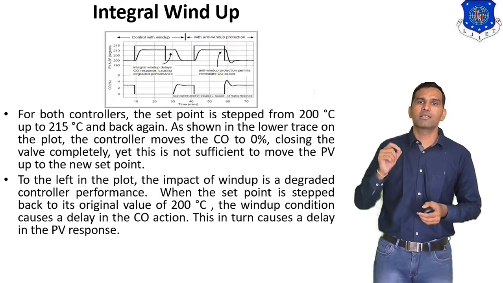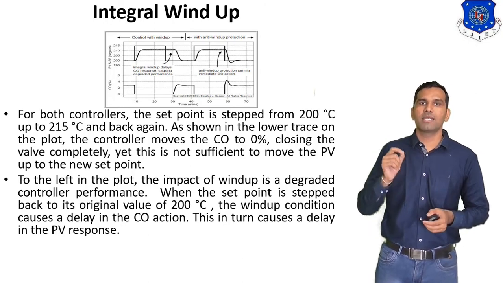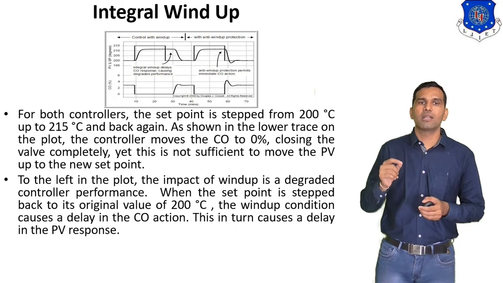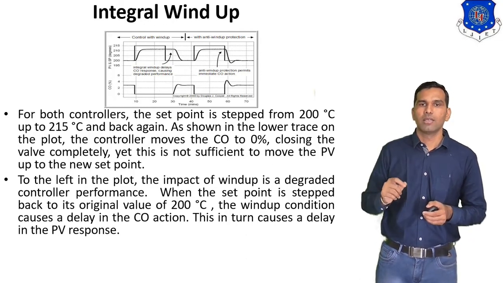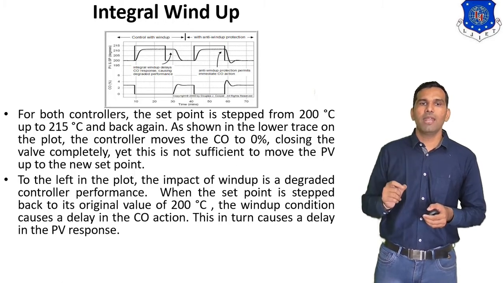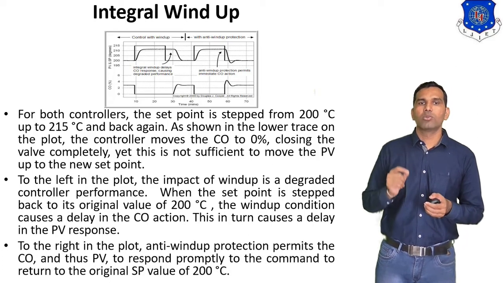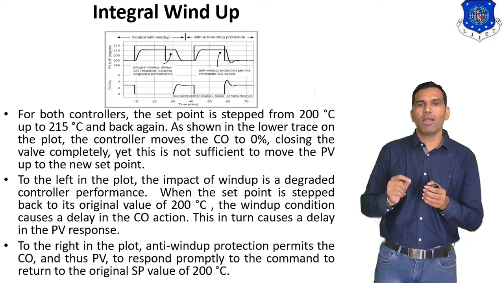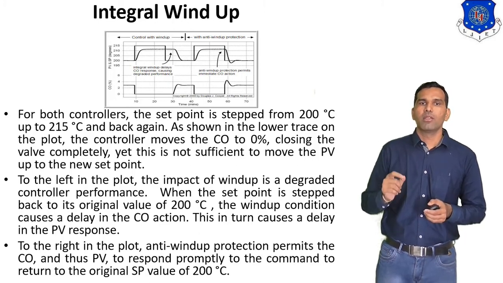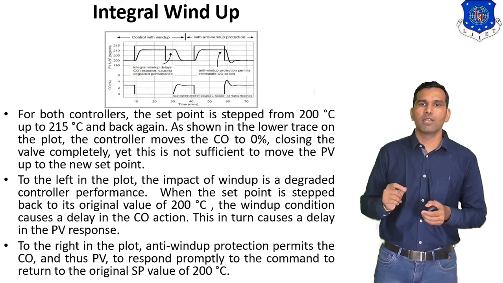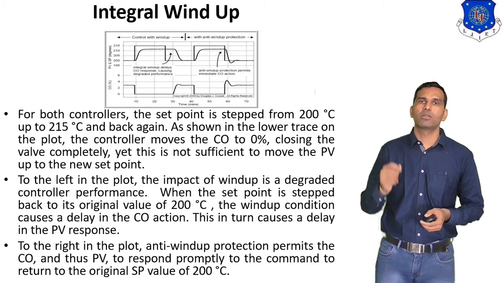When the set point is stepped back to its original value of 200 degrees centigrade, the windup condition causes a delay in the controller output action. This in turn causes a delay in the PV response. To the right in the plot, anti-windup protection permits the CO to act so that the PV responds promptly to the command to return to the original SP value of 200 degrees centigrade.